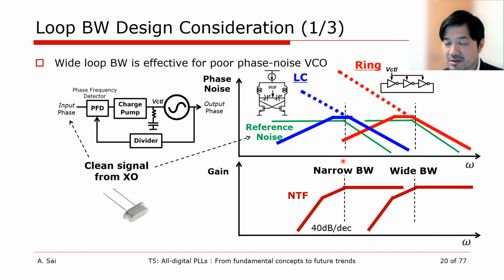It becomes a more simple design compared to the type 2 PLL. Please note that it is important to design for optimum loop bandwidth according to the type of the VCO to be applied.